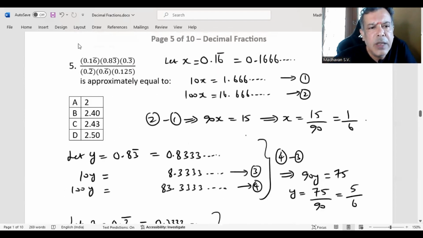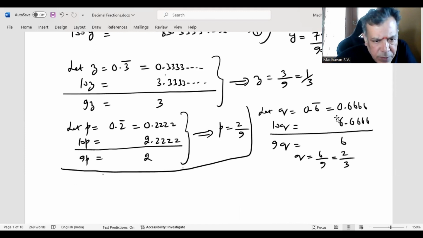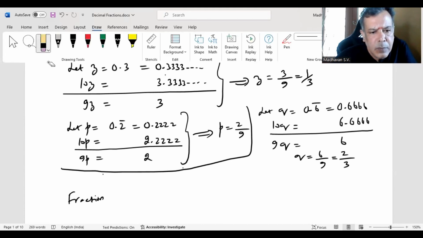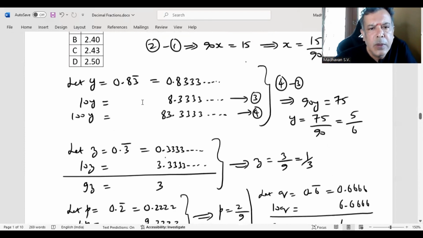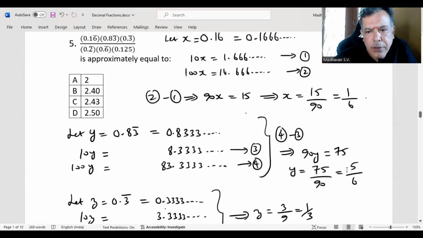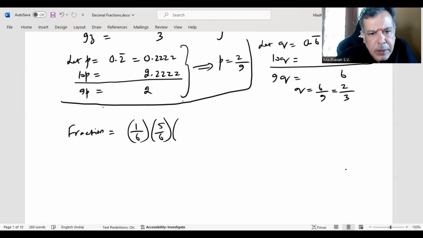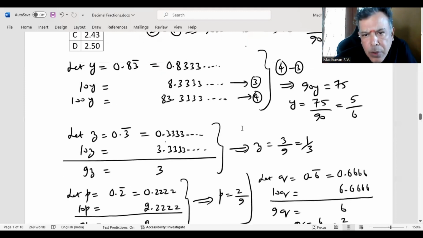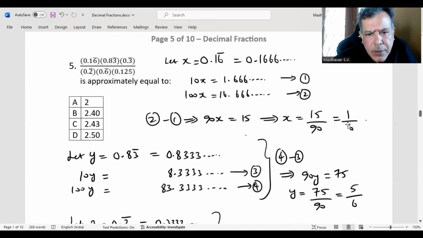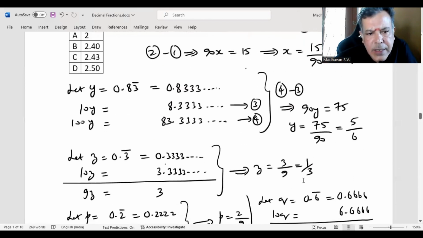So we can now evaluate the fraction. The numerator is 1 by 6 into 5 by 6 into 1 by 3, where 1 by 6 is your x, 5 by 6 is your y, and z is 1 by 3.